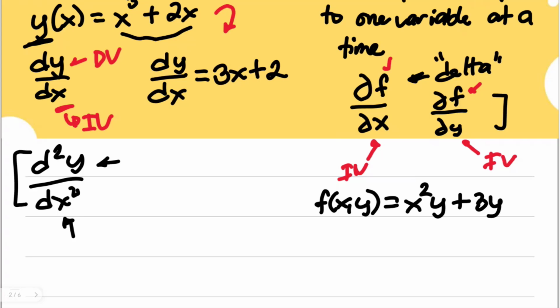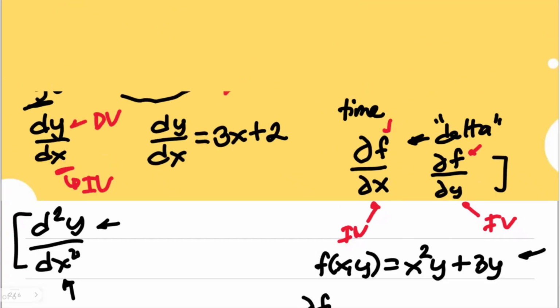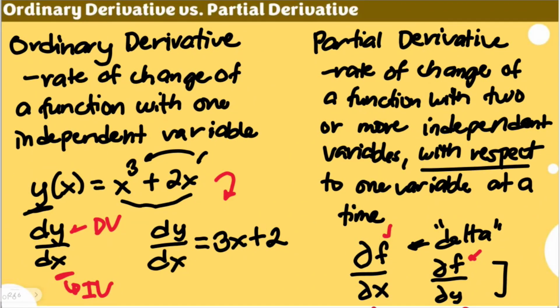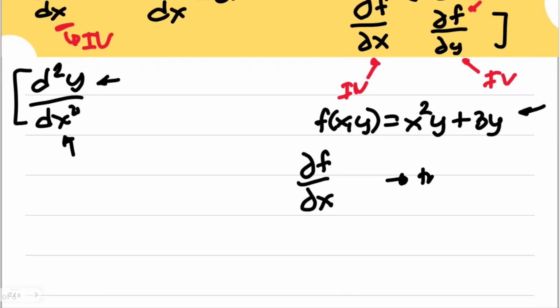Okay? So let's say that we are taking the partial derivative of f with respect to x. So we'll have the notation, the partial derivative of f with respect to x. What does this imply to the variable y? If we're going to take the partial derivative with respect to one variable, specifically x here, at a time, we are going to treat y as a constant.